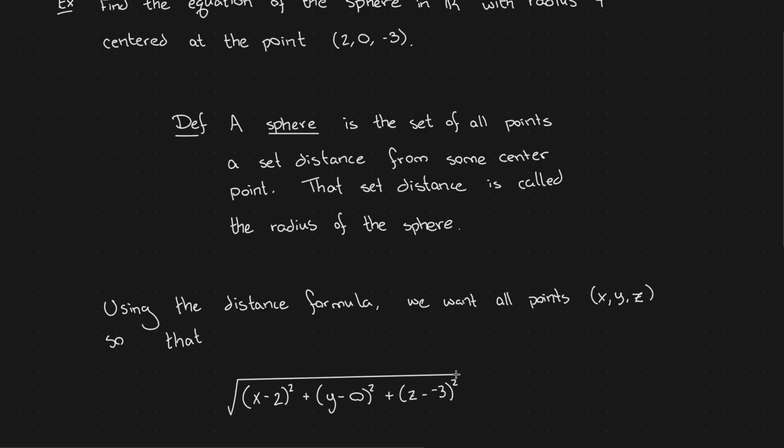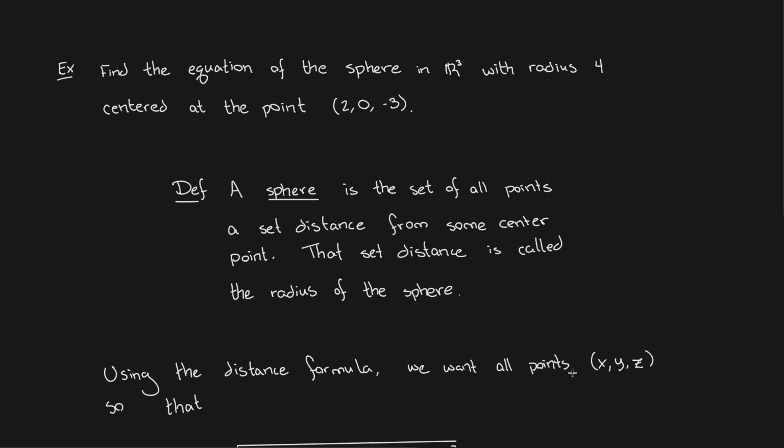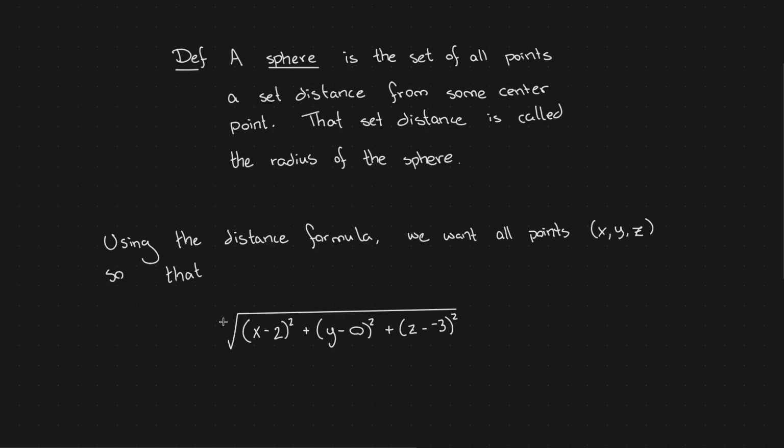That gives me the distance between x, y, z and 2, 0, negative 3. And because I want to be on the sphere, the distance between the center and x, y, z needs to be 4. Let me put the 4 on the other side, actually.